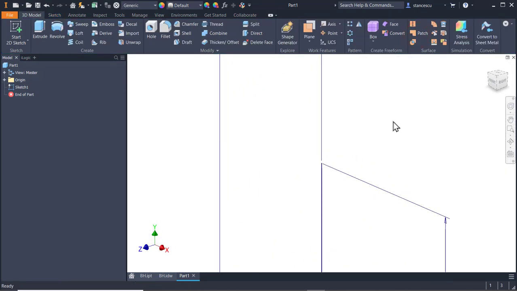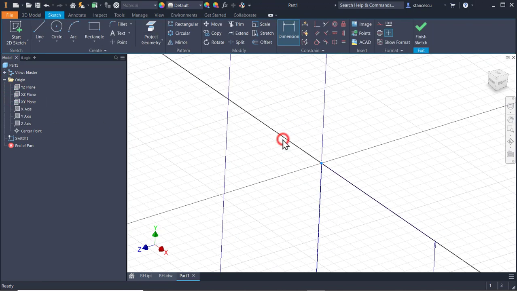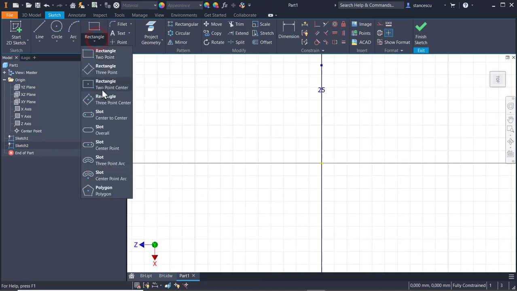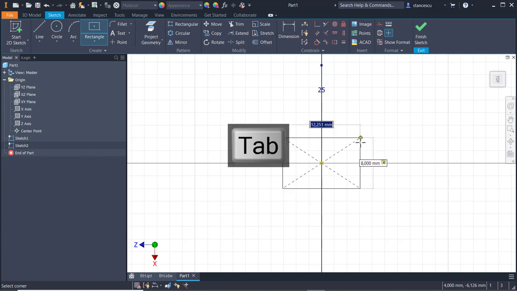Finish sketch. In this plane we create a rectangle, a centered rectangle, this center, and 8 tab 16.